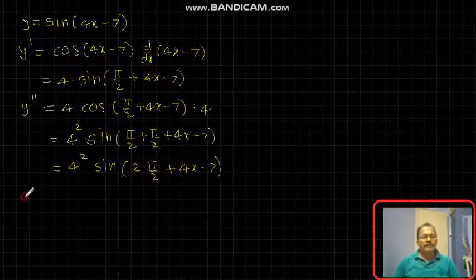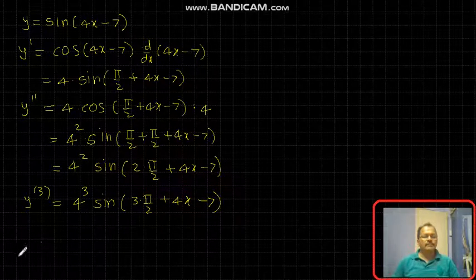Continuing in this way, the third derivative is 4³ into sin(3·π/2 + 4x − 7).